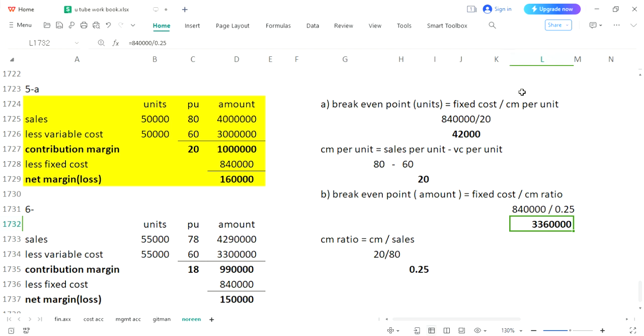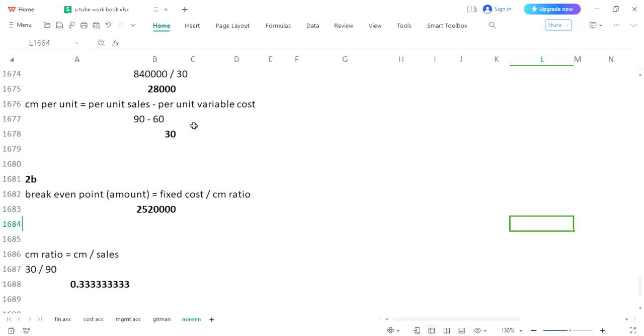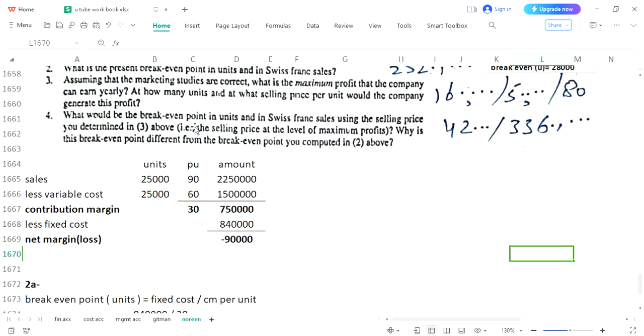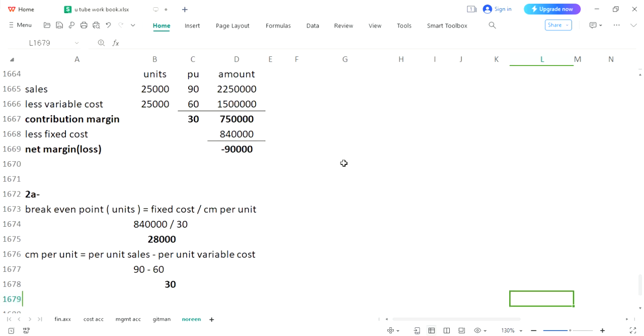CM has two major inputs: selling price and variable cost. When you change your variable cost and sales, obviously your break-even point would be disturbed. In the first stage, you calculated your break-even point over here. You can see 28,000 and 30. At that stage, your selling price and variable cost were different.